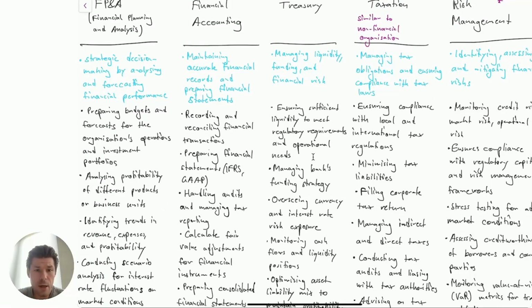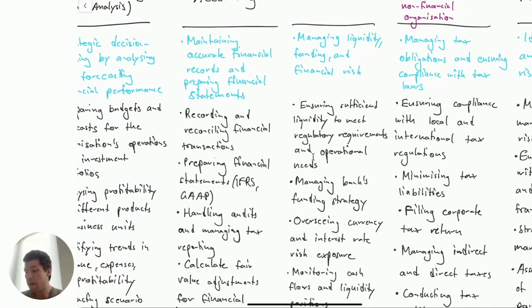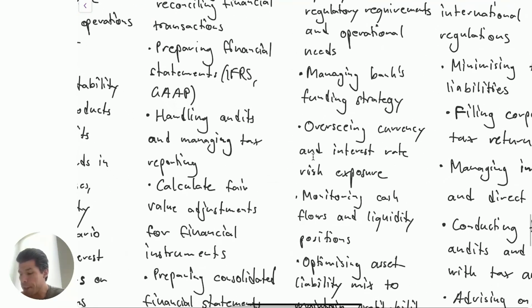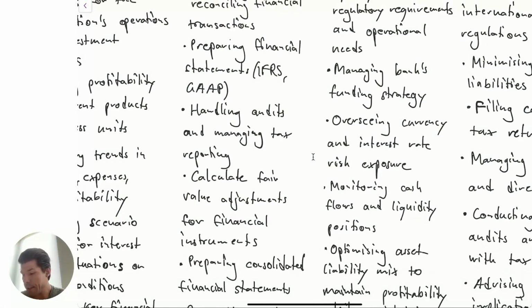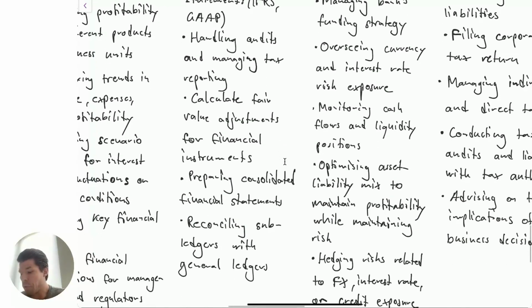Financial accounting, quite similar. Adherence to IFRS and local generally accepted accounting principles, handling audits and managing tax reporting for financial organizations, calculating fair value adjustments for financial instruments, reconciling subledgers with the general ledger for complex transactions.